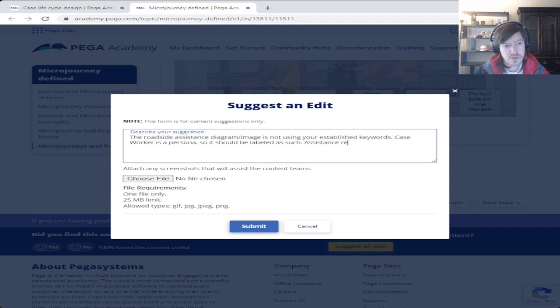Assistance request is not its own case type because you are using process below it. It should be labeled as a stage.